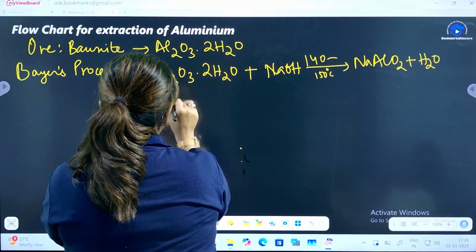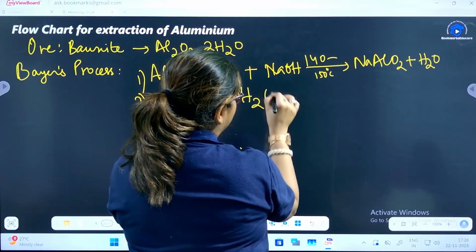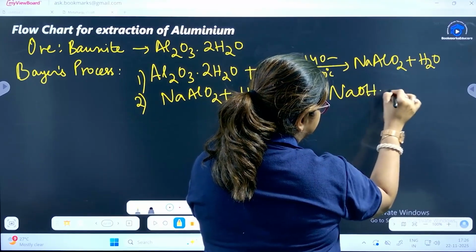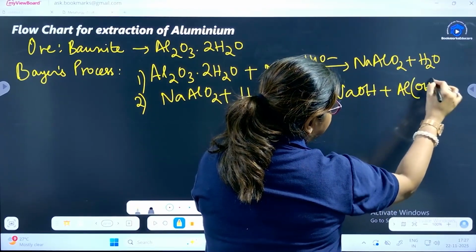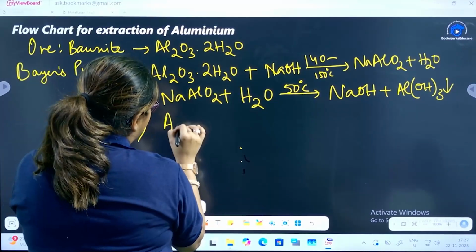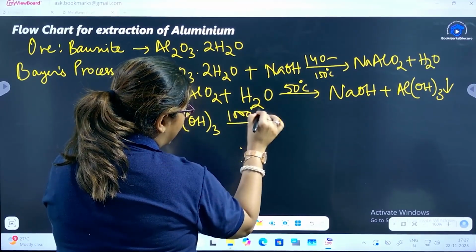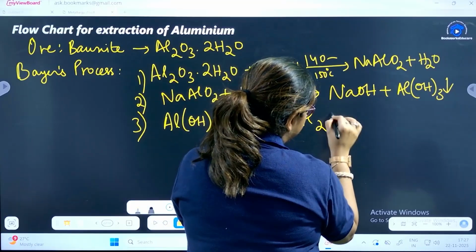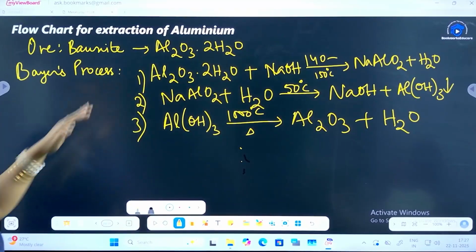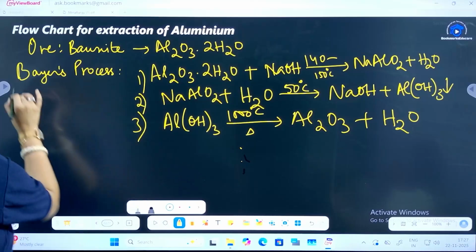Reaction 1. Sodium metaaluminate plus dilution with water at 50 degrees centigrade generates sodium hydroxide plus aluminium hydroxide as precipitate. Aluminium hydroxide heated at 1000 degrees centigrade generates alumina and water, right? So these are the three reactions of concentration of the ore.